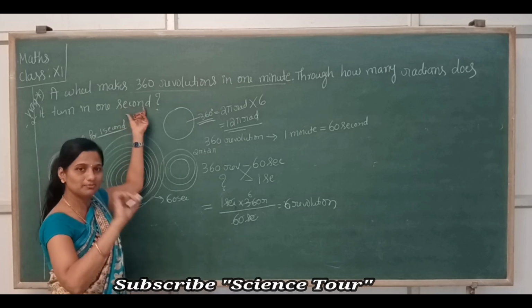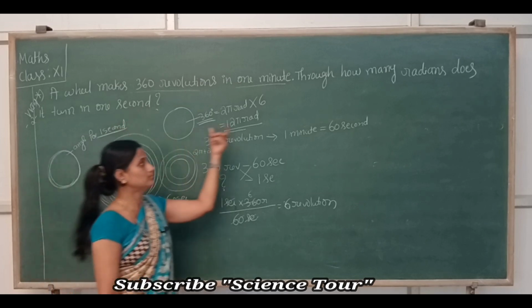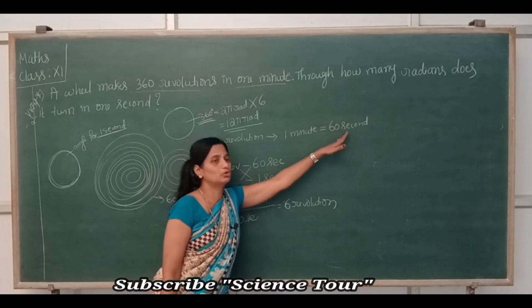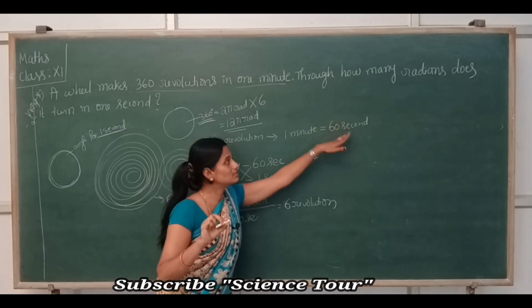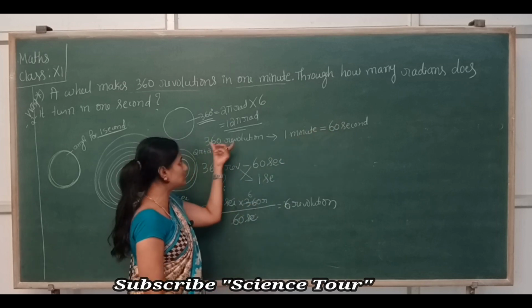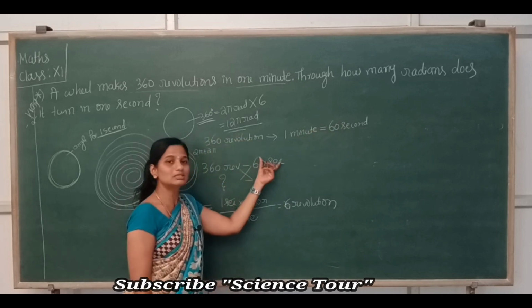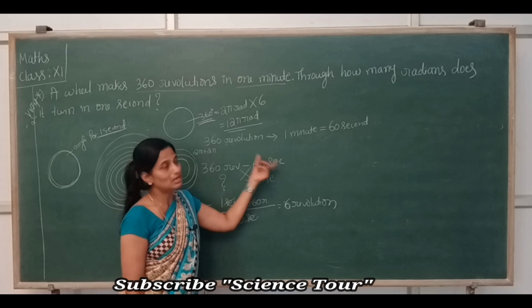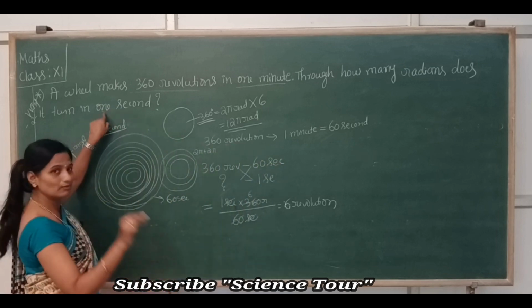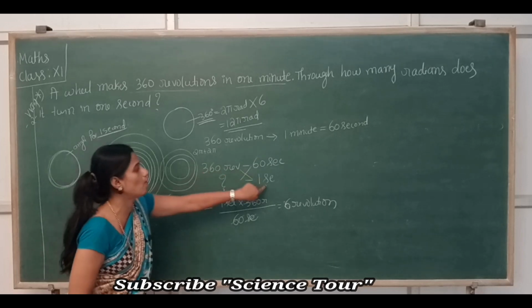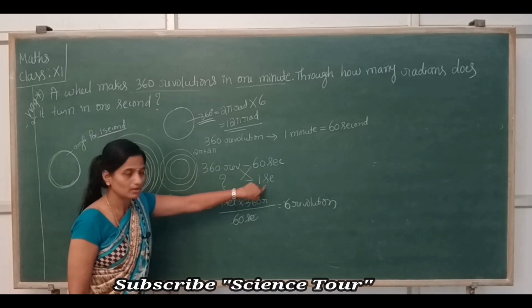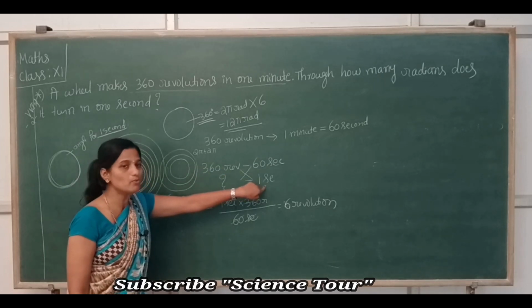What is the relation between minute and second? 1 minute is equal to 60 seconds. Now consider time in seconds. So now 360 revolutions for 60 seconds. I need the answer, the angle for 1 second. So first find out how many revolutions for 1 second.